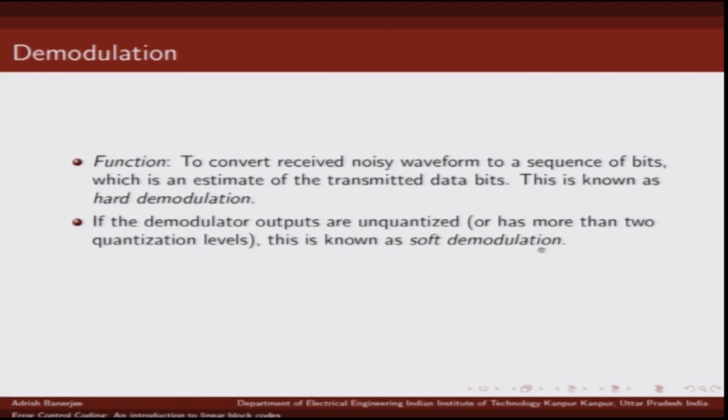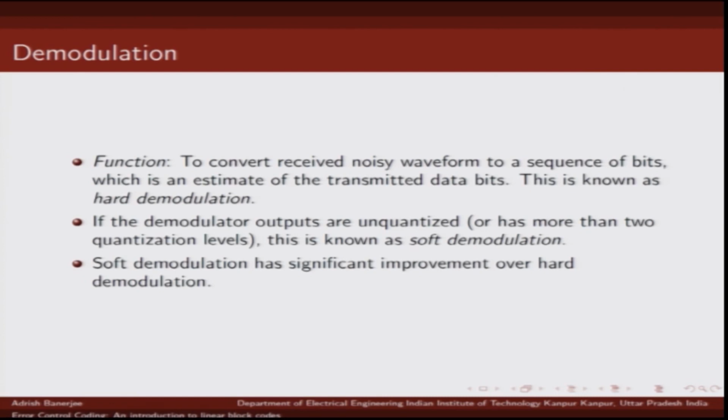In soft demodulation we would not just map 0.01 to 0; we would say it is 0 with probability 0.51 or 1 with probability 0.49, just as an example. So we lose some information when we go for hard demodulation.